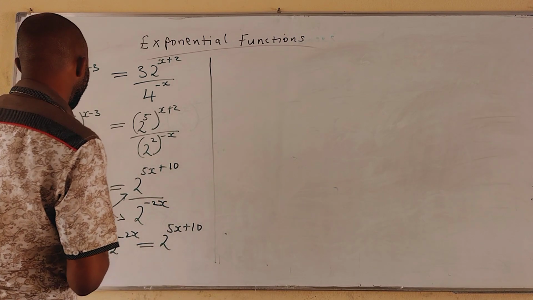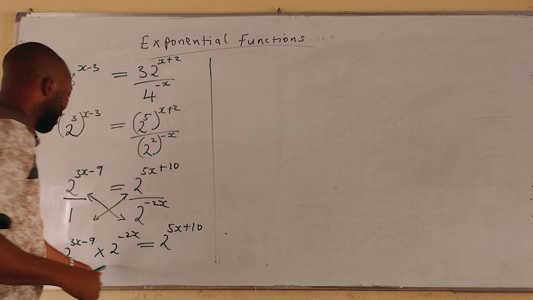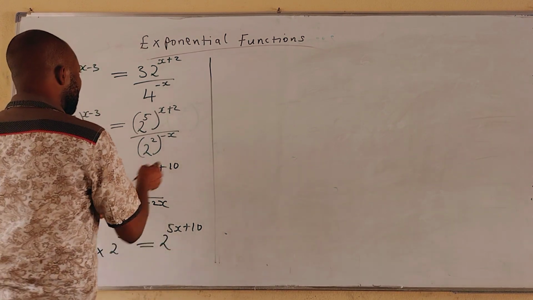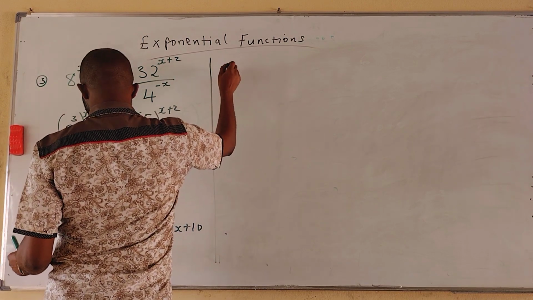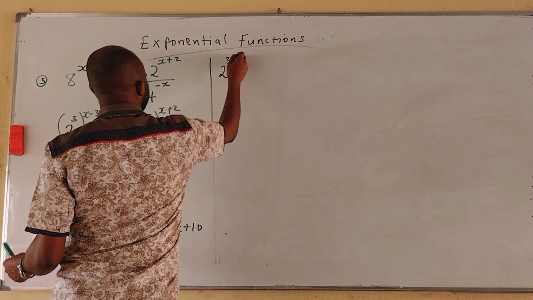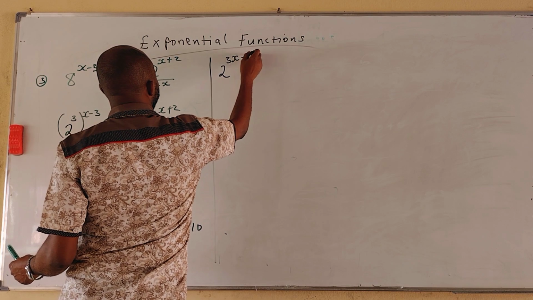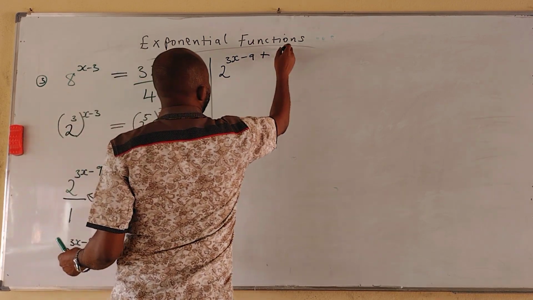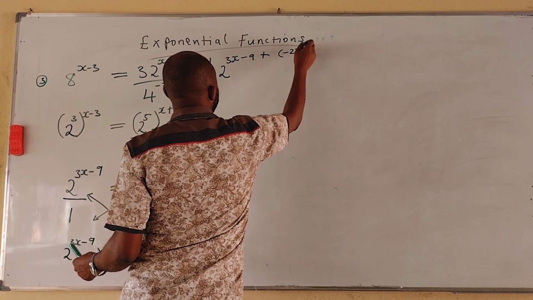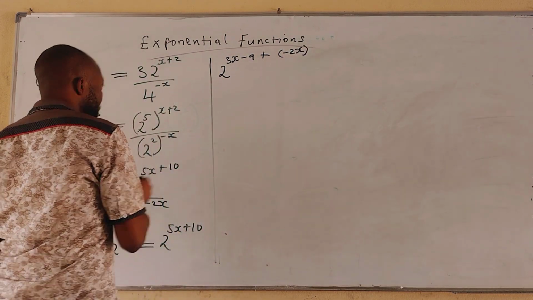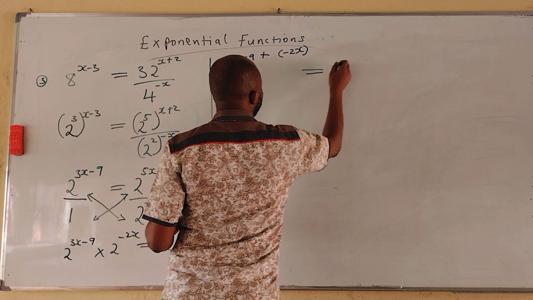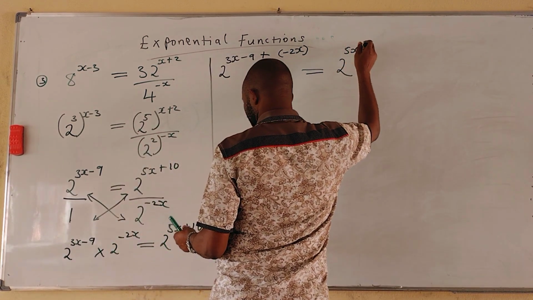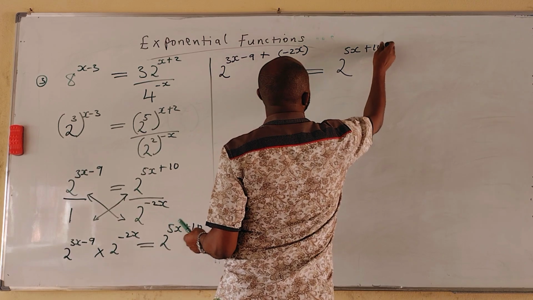Now, it says that when numbers with equal bases are multiplied, their powers are added. Let's add the powers. So this is 2 raised to the power 3x minus 9 plus minus 2x equals 2 raised to the power 5x plus 10.